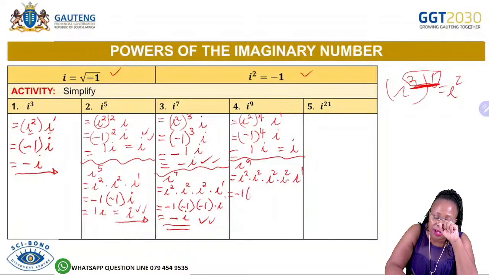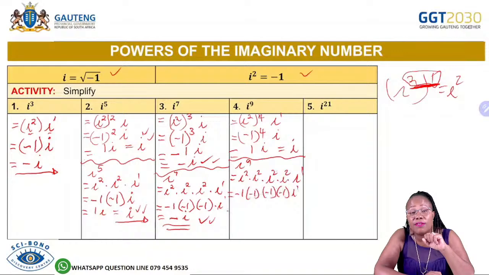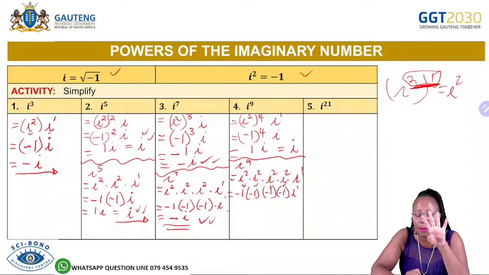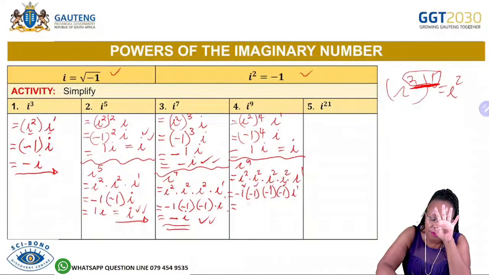It is negative 1, the first one, the second one, the third one, and the fourth one. And then that i to the power 1. How many negatives do we have? 4. It's 1, 2, 3, 4. If it's an even number, the answer will be positive 1. And then with that i, therefore 1 times i will be an i.